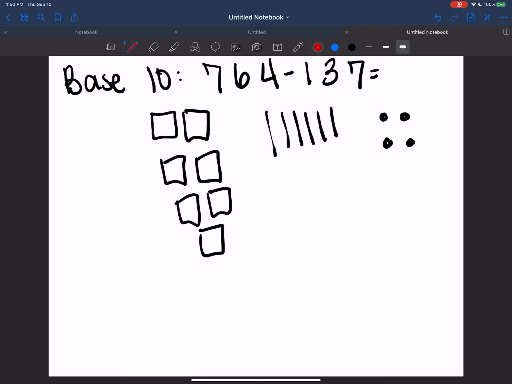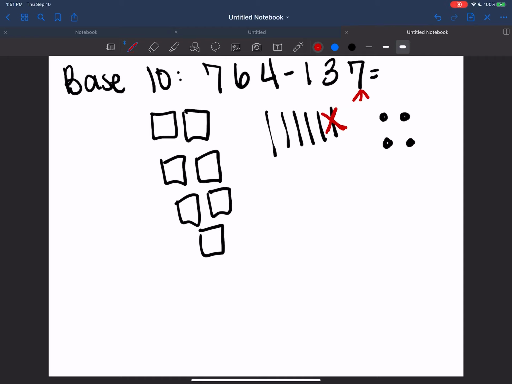So remember that we are always going to start subtracting in our ones. If I look to my ones place in 137, I'm taking away 7 ones. But when I come to my model to take away 7 ones, I don't have enough. So what do I do? I go next door to the tens place. I'm going to take one of those tens away and add those 10 ones to my ones place.